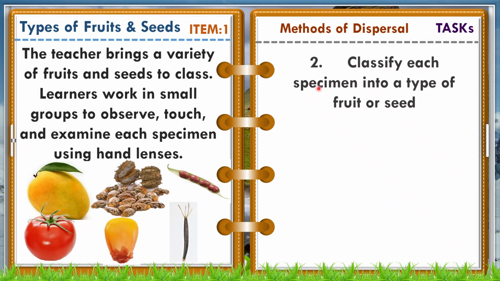Classify each specimen into a type of fruit or seed. We have some fruits here and also seeds.